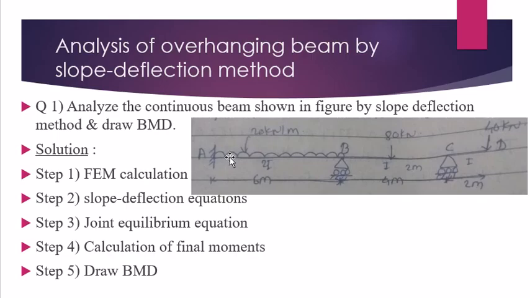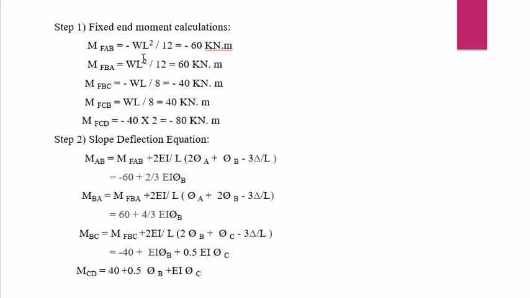See here on this beam AB, the moment which occurs at support A is in the anticlockwise direction, so we assume the anticlockwise direction as negative, and at BA the clockwise moment will occur, so it is considered as positive. According to that we calculate the fixed end moments: for AB minus 60 kilonewton meter, and for BA plus 60 kilonewton meter.